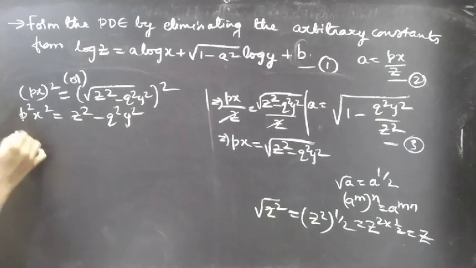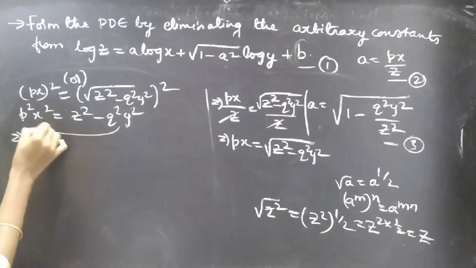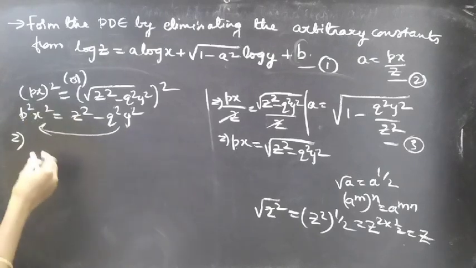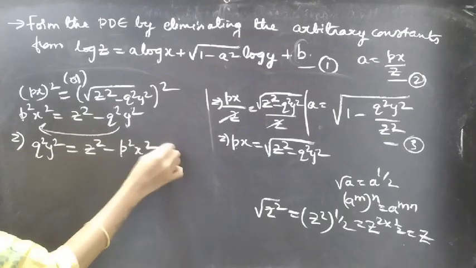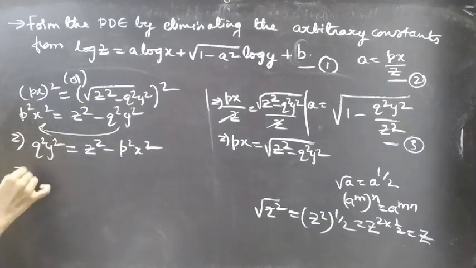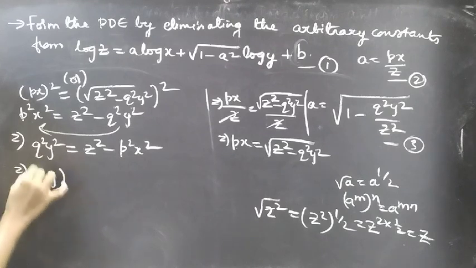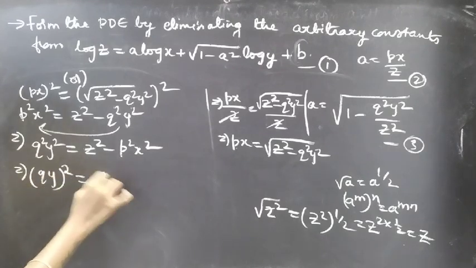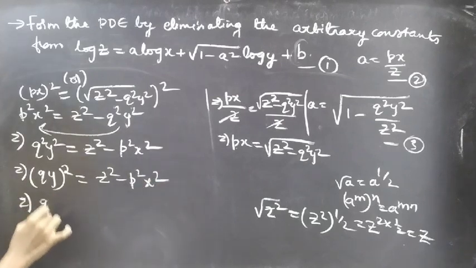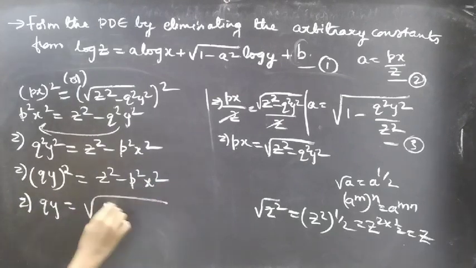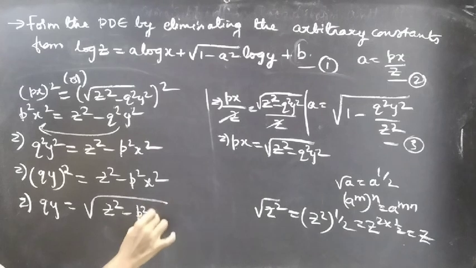Now bring this term to LHS, take this p square x square to RHS, you'll get q square y square equal to z square minus p square x square. Okay, now we can write this as (qy) whole square equal to z square minus p square x square, which gives us qy equal to square root of z square minus p square x square.